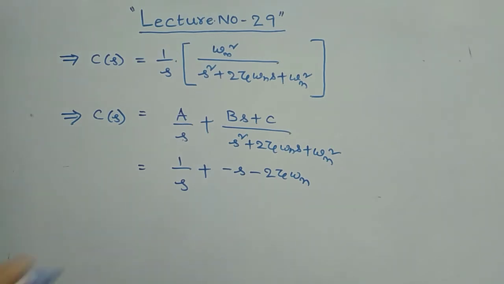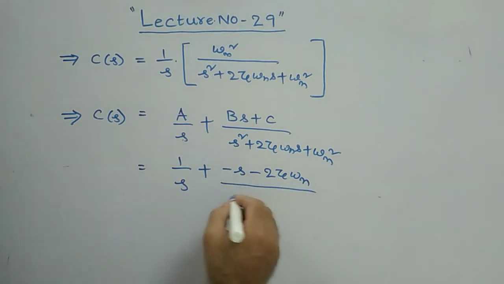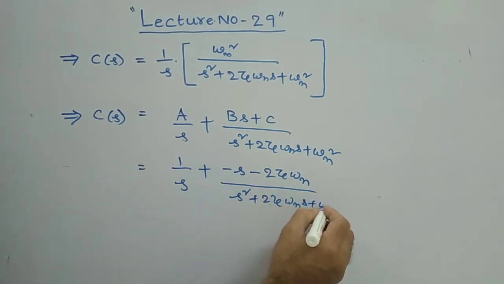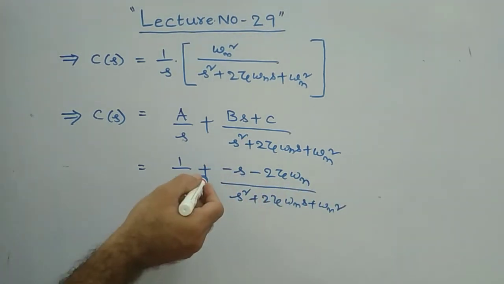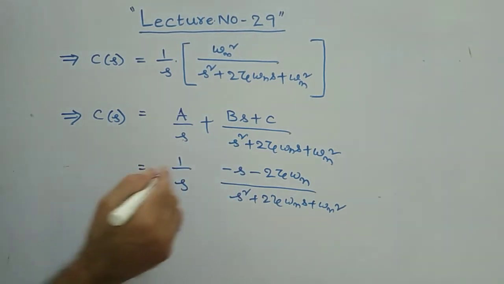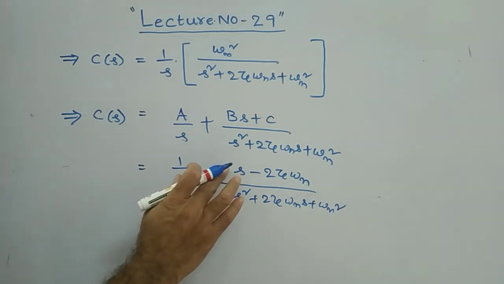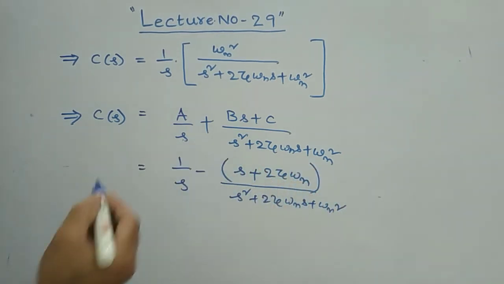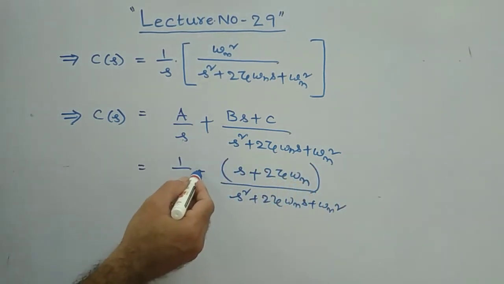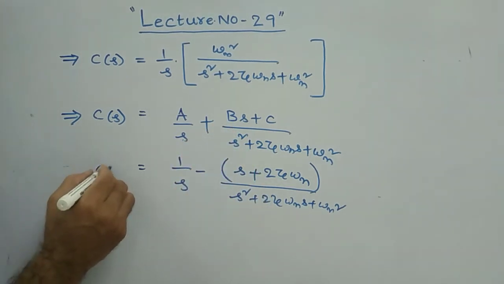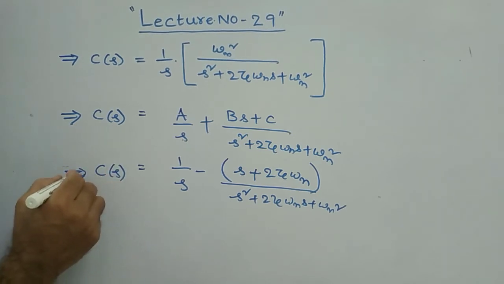So minus 2 zeta omega n by S square plus 2 zeta omega n into S plus omega n square. Clear? Then here minus and minus is there, take minus as common. If you take minus as common, in the next step you can write minus here, then put a bracket here and write plus here. Multiplying this minus with plus, again minus will come. That is equal to that one only. This is what your C of S.